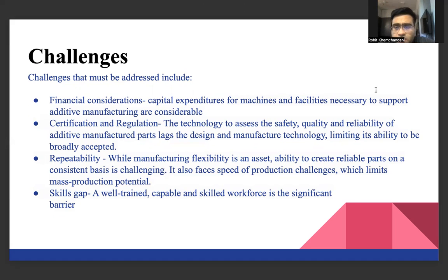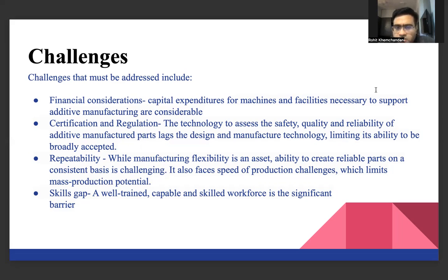Capital expenditures for machines and facilities necessary to support additive manufacturing are considerable. At present, because it's not yet a widely leveraged technology, in the initial stage the application cost will be much higher, but in the long term when the cycle gets started, the total expenditure and total cost will be reduced.